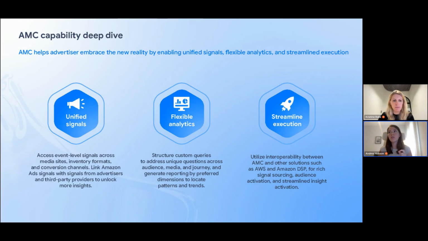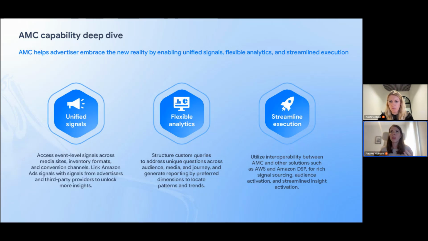So if we look into flexible analytics, with these unified signals in place, we can now step onto the flexible analysis that is possible with AMC. Here you can structure custom queries and answer unique business questions.